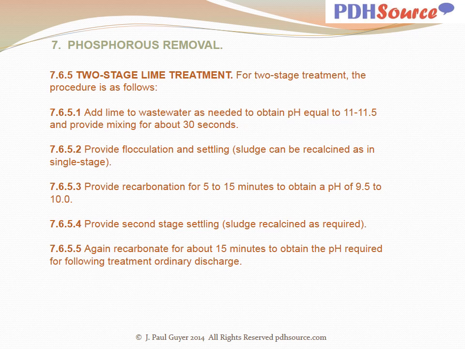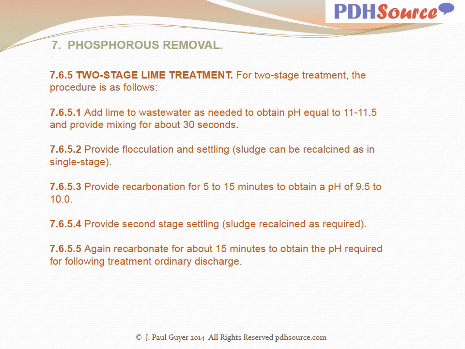With regard to two-stage lime treatment for phosphorus removal purposes, the procedure is as follows. Add lime to the wastewater as needed to obtain pH equal to 11 to 11.5 and provide mixing for about 30 seconds. Provide flocculation and settling. Sludge can be recalcined as in single stage.